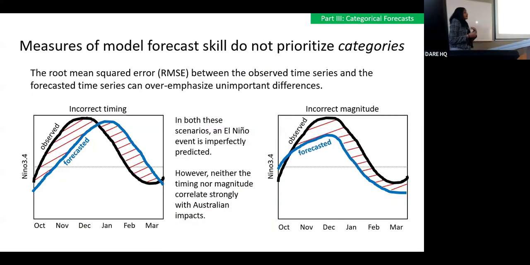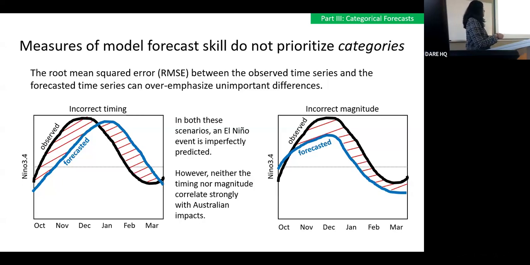However, the way that we currently do ENSO forecasting doesn't have that focus, and instead uses measures of error like the root mean squared error, which would give you a very large estimate of error, even if you do predict an El Nino correctly, but you have a slight shift in the timing, or some inaccuracy in the magnitude.